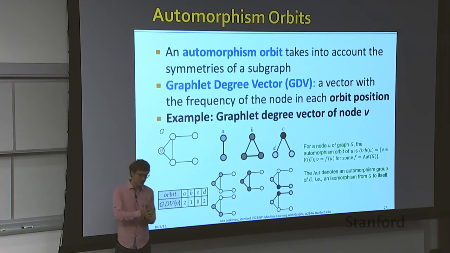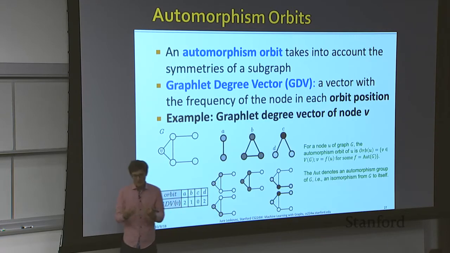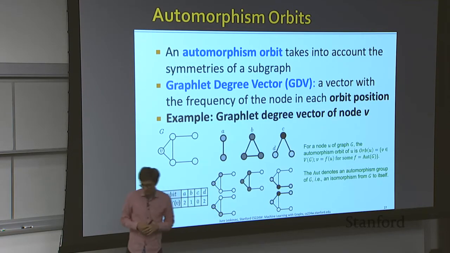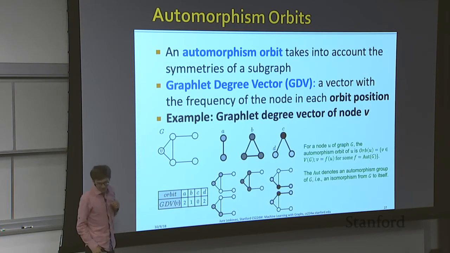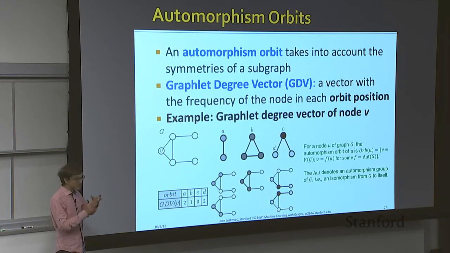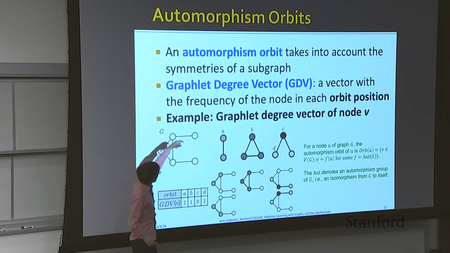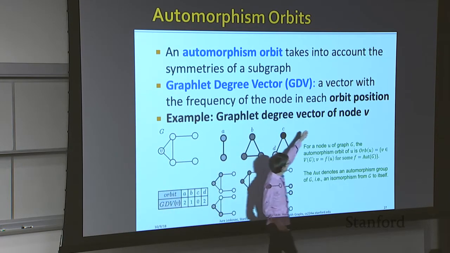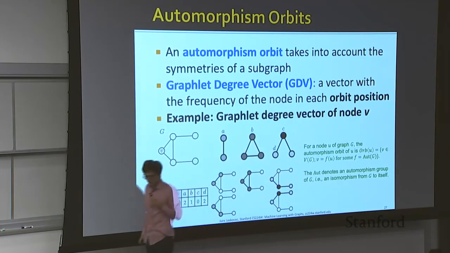I was talking about isomorphisms, which are isomorphisms between different objects, and automorphisms are isomorphisms between the same object. You can think of it that way. The automorphism orbit takes into account the symmetries in a given subgraph. So the graphlet degree vector is a vector where the frequency at a given position tells me how many times the node is at that orbit position.